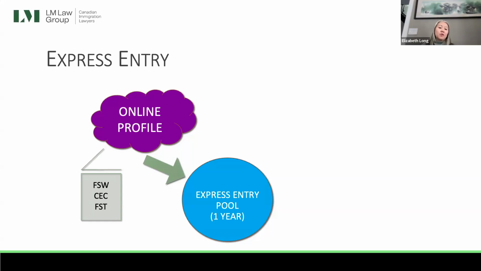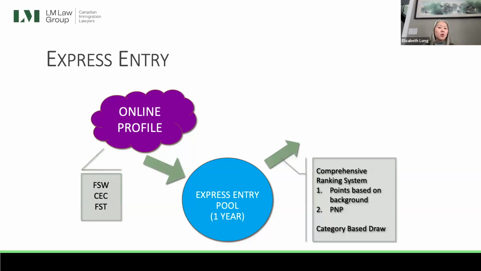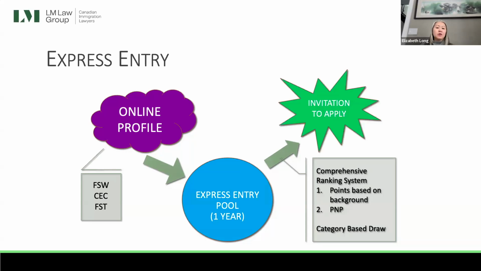You also get a series of points called the Comprehensive Ranking System points, CRS points, based on your background. If you have provincial nomination, you'll get 600 more points added to your profile. Every one or two weeks or so, the government usually has a draw, and they invite people to apply for permanent residence.